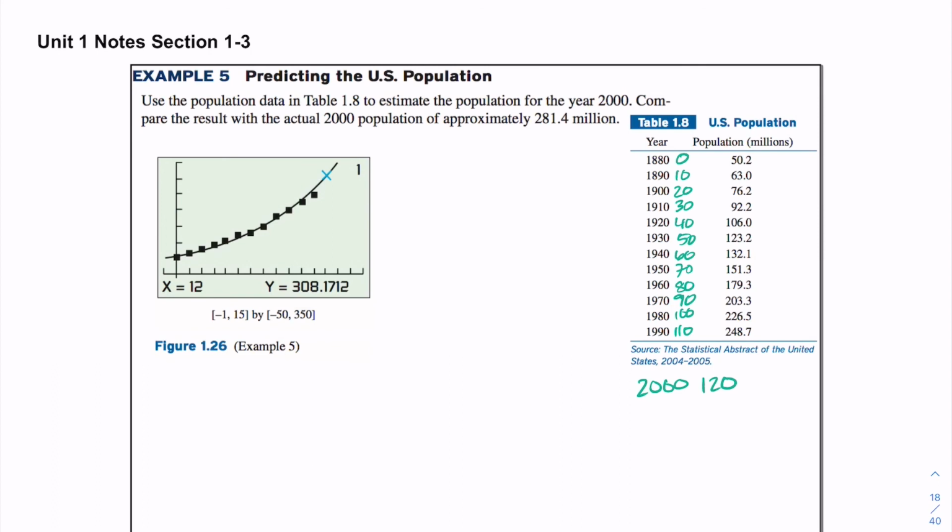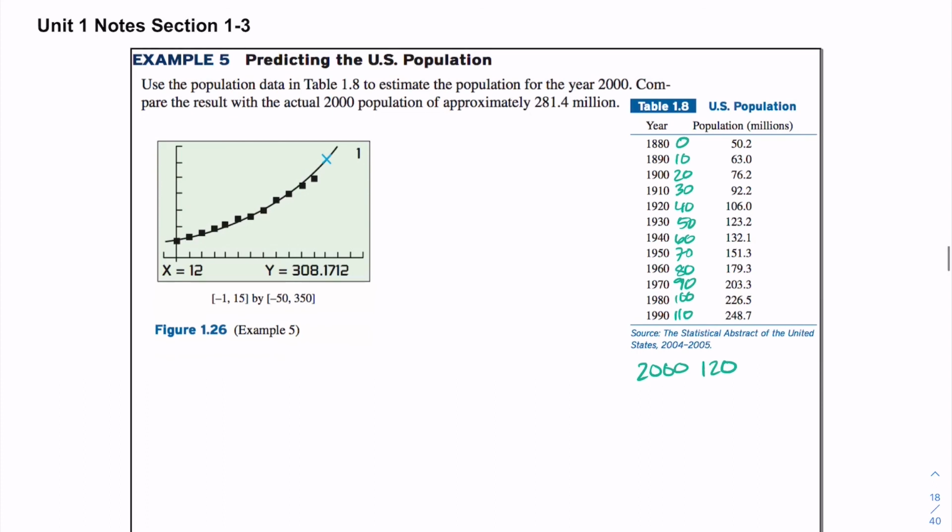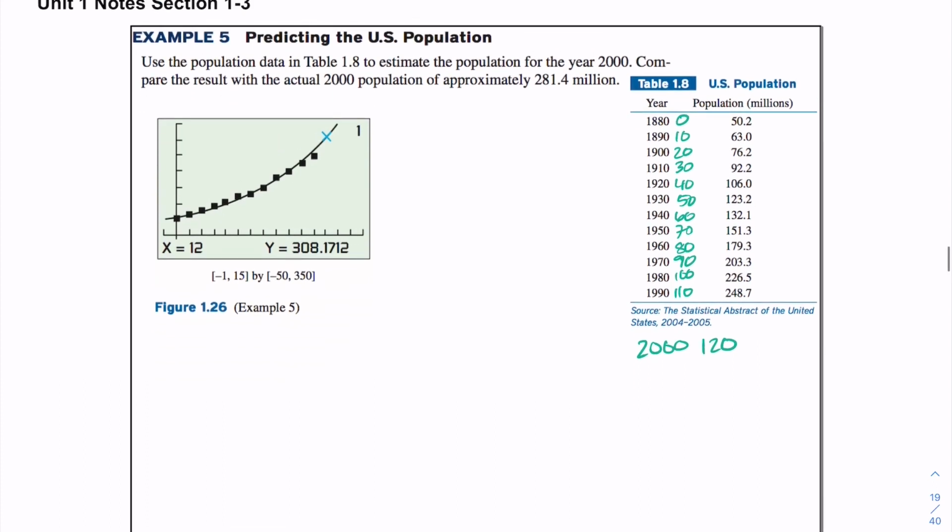So it looks like that one's all set. I could enter it, but to save time, it says compare the result with the actual 2000 population, which is approximately 281.4 million. Well, it's way over, right? It looks like it's almost over by 30 million. So, yeah, it's over by 27 million.